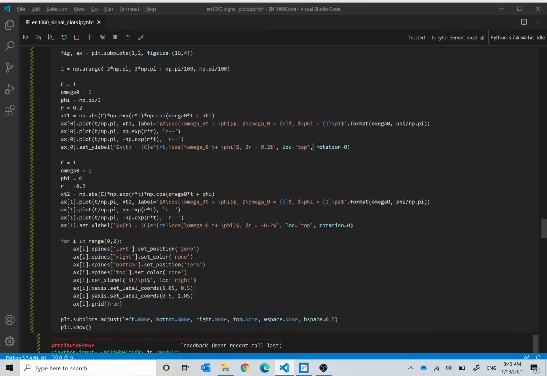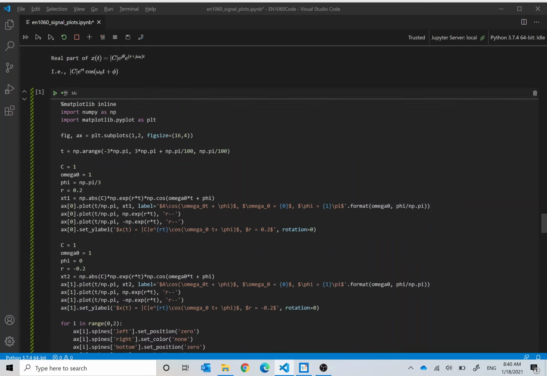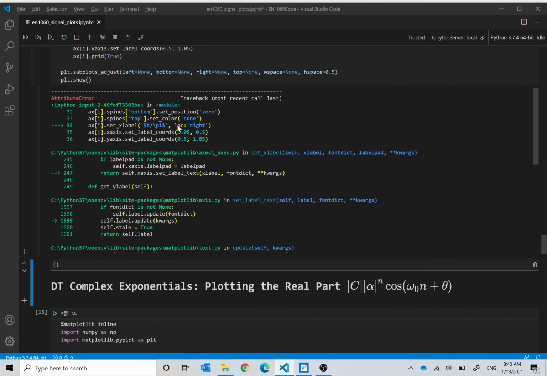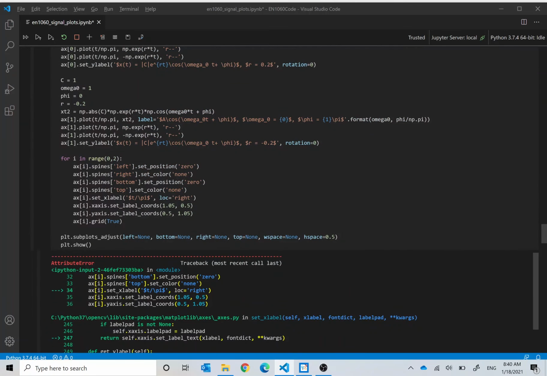This is a version problem. So I hope it is okay now. More problems like that.